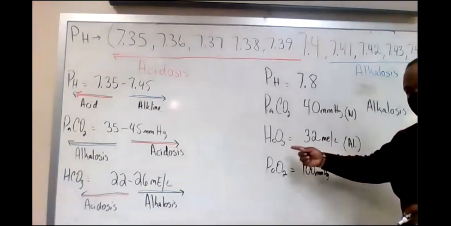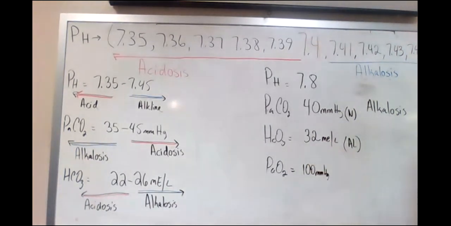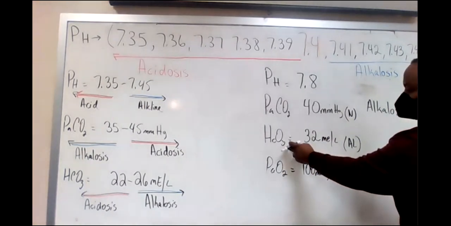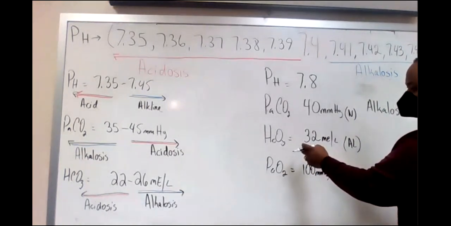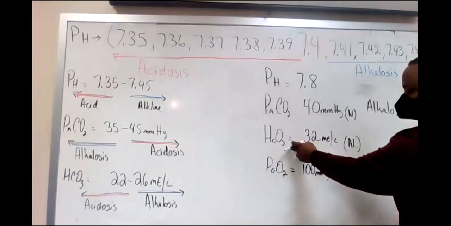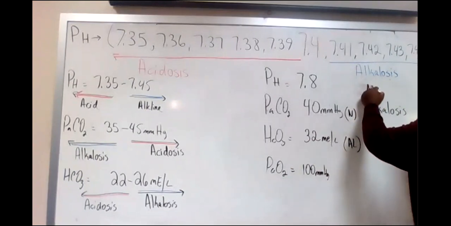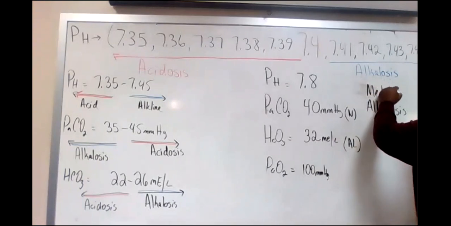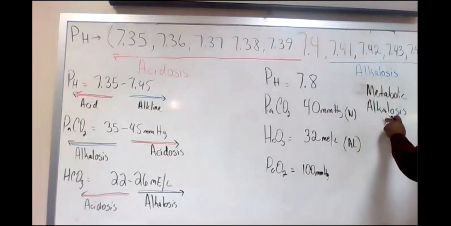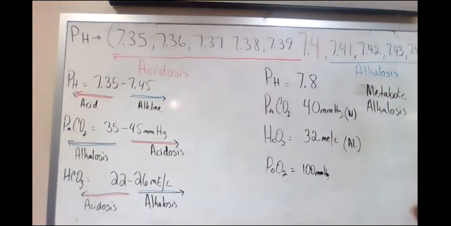Which is what kind of problem? Bicarb is what type of problem? AKA metabolic. There you go. Metabolic alkalosis. We are in a metabolic alkalosis.